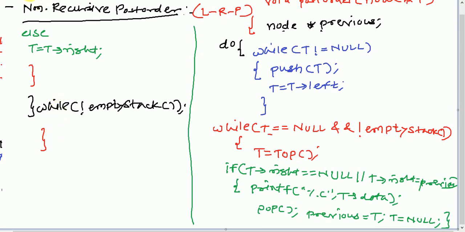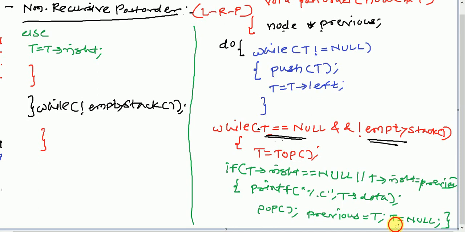So you note down these points. Just remember this condition here: while T is not null and the stack is not empty. This is why we are doing T equal to null, because I am making sure that before actually taking from the top I have visited the leftmost node of the tree. Now here I am making T null.